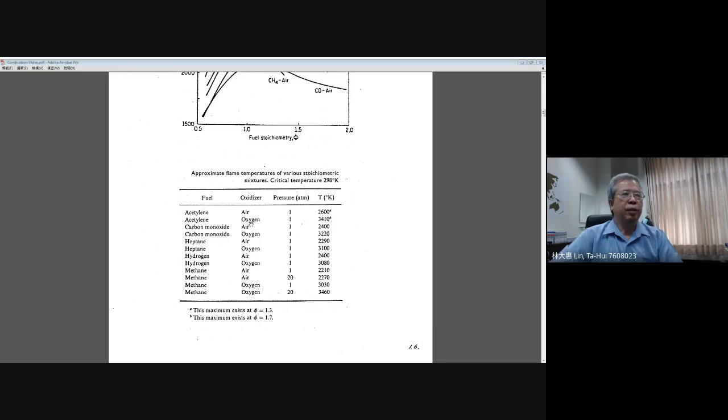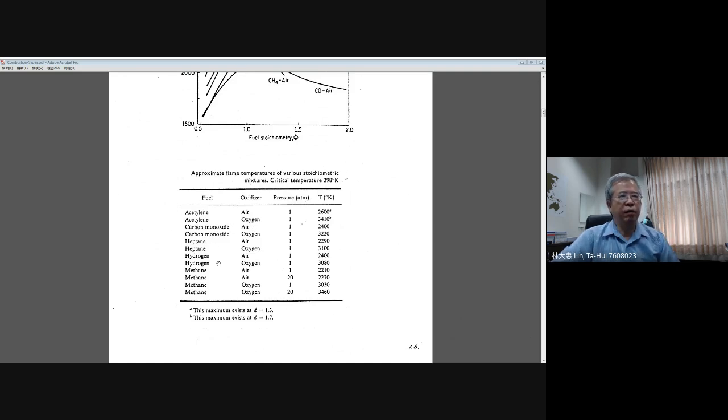For pure oxygen, the flame temperature can reach 3410 K, and for the air case, the temperature is usually lower, because in the air the nitrogen absorbs a certain amount of heat, so the overall flame temperature is reduced compared with the pure oxygen cases.